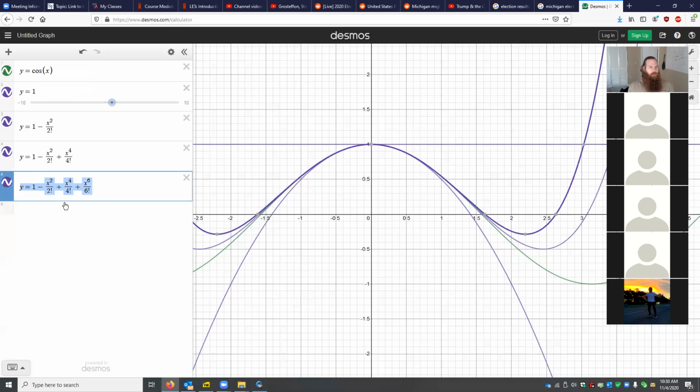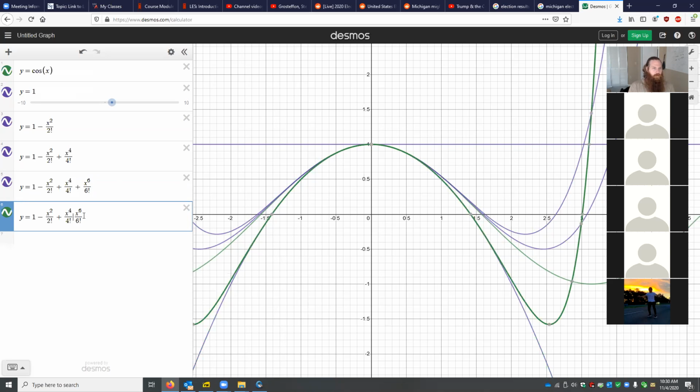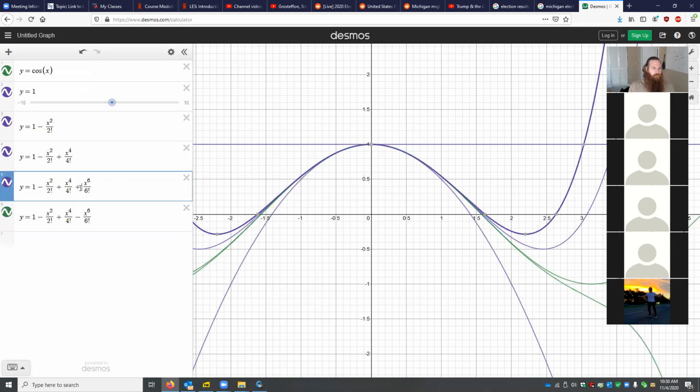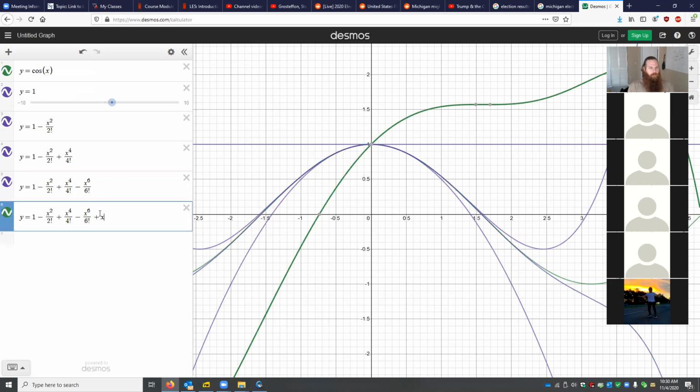And let's keep writing these in. The next one would have been, oh wait, sorry, they should be alternating sign, plus, minus. Minus. And then plus x to the 8 over 8 factorial.